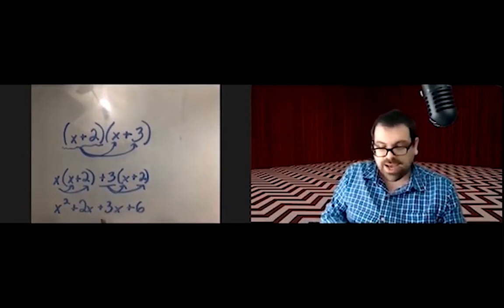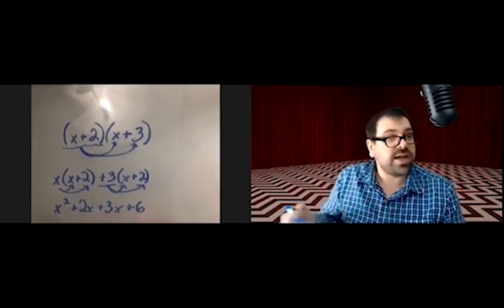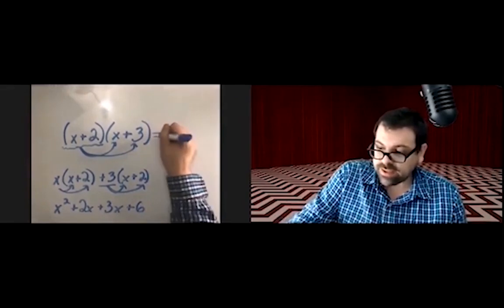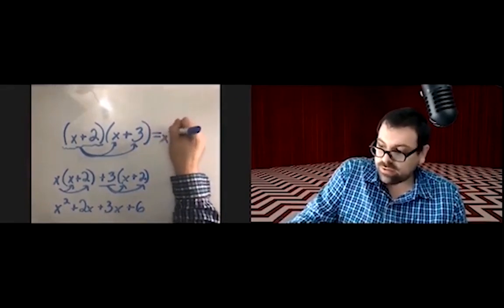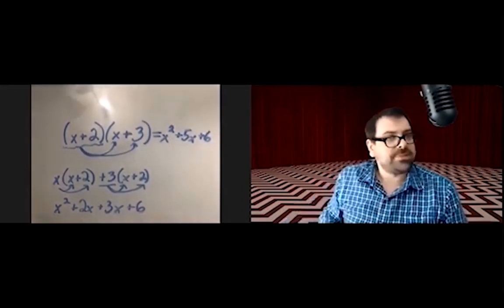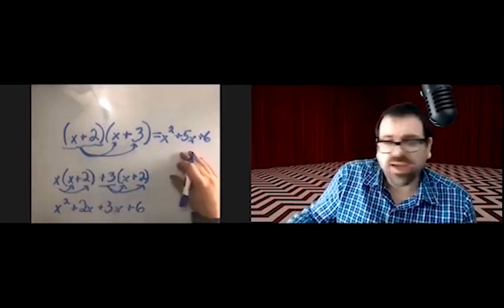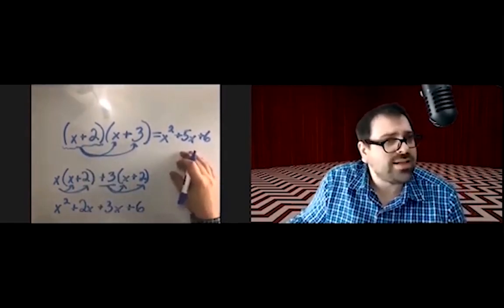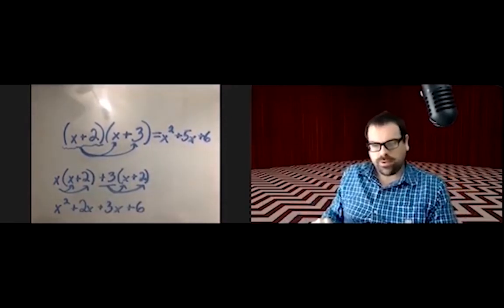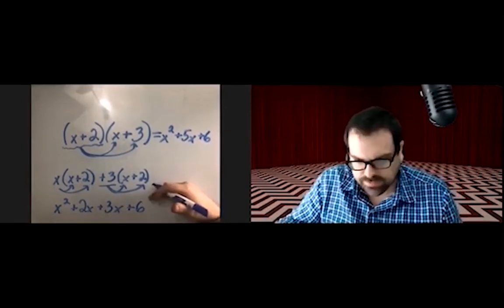And then we could combine these center terms, 2x plus 3x is 5x. And we would get that this is x squared plus 5x plus 6. Multiplying two binomials together, and we end up with a trinomial as an answer, not another binomial. This is the idea of double distribution.